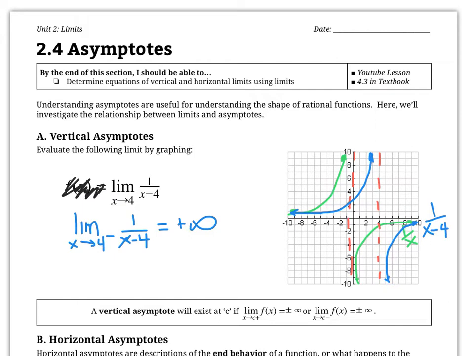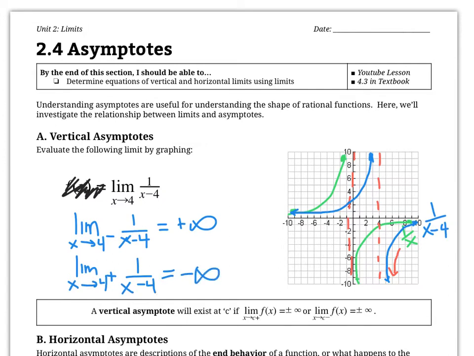Now let's look at coming from the right-hand side or the positive side. As we're going closer and closer down here to that asymptote, we're going to be going more and more negative. So the way we put that is that the limit as x approaches 4 from the positive side of 1 over x minus 4 is equal to negative infinity.